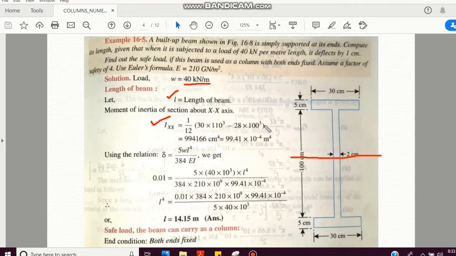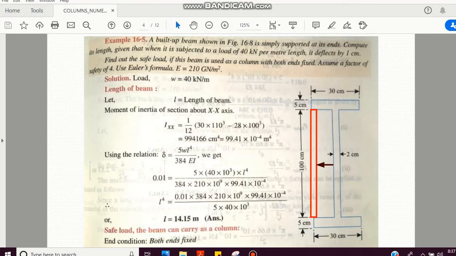So how does this come? First of all, we have to move this web to the left side.